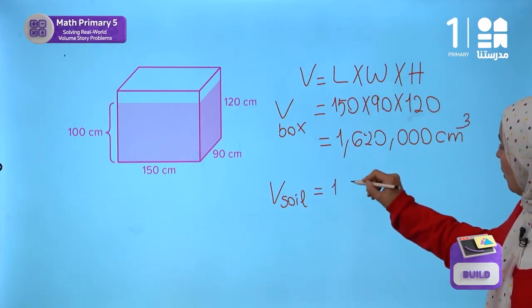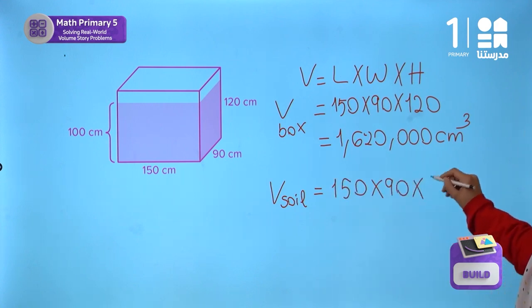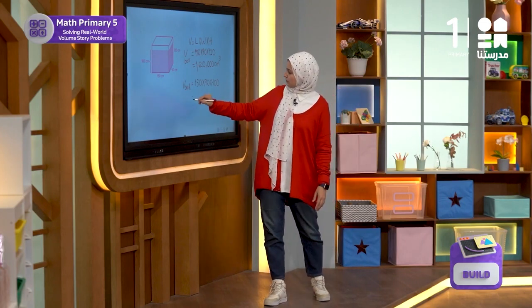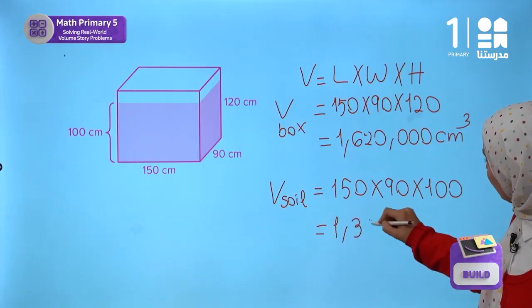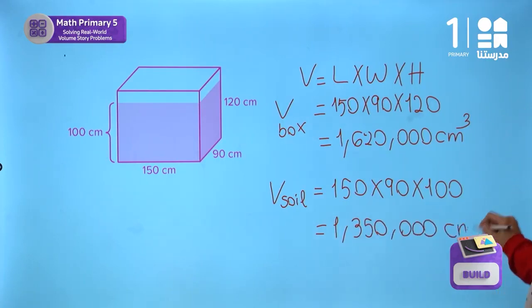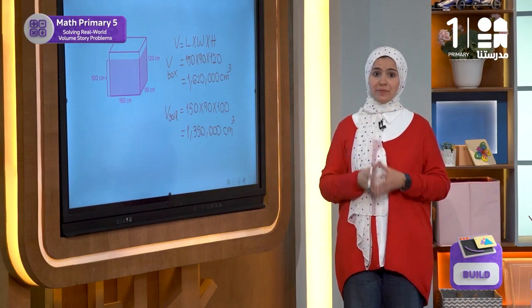Let's check. 150 times 90 times 100. With that, our volume is going to be 1,350,000 centimeter cubed or cubic centimeters. So this was the answer of problem 1.